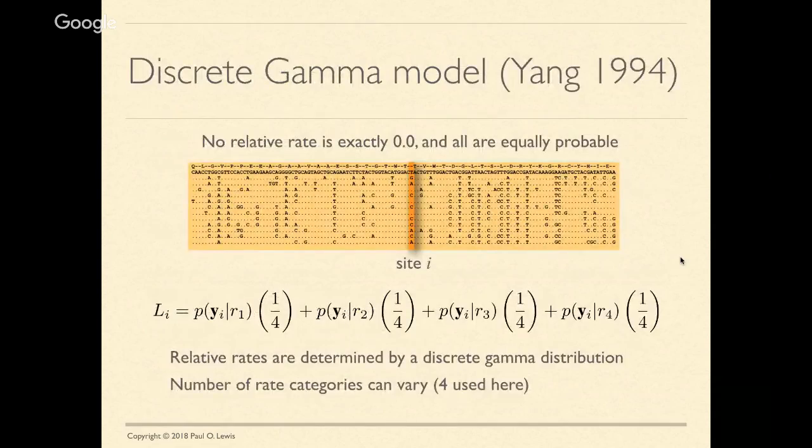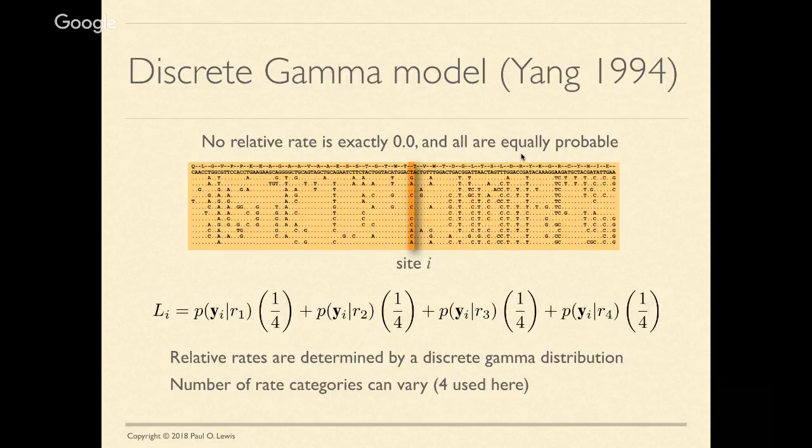The alternative to the I model is the discrete gamma model that was introduced by Yang in 1994. No relative rate is exactly 0 in this model, and all rates are equally probable. So instead of having one rate that's 0 and a different proportion of sites evolving at that 0 rate versus a non-zero rate, we have all 4, or however many categories you want.